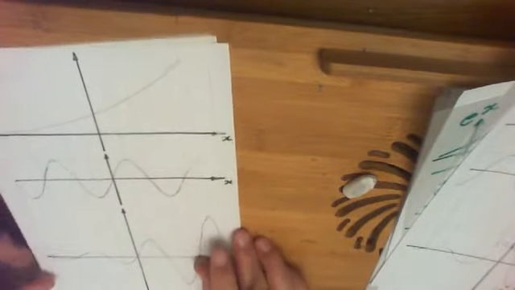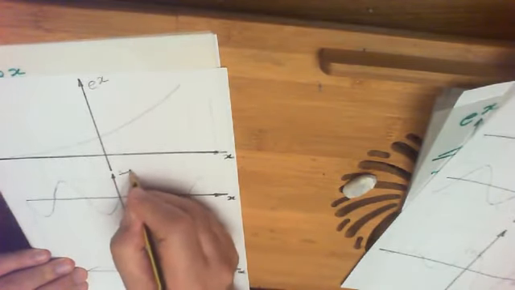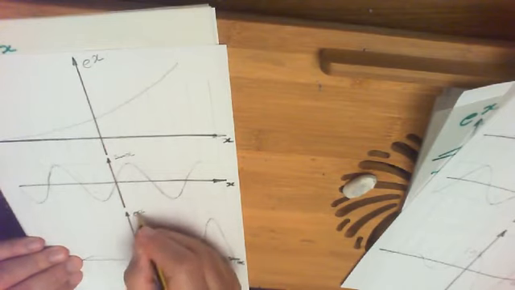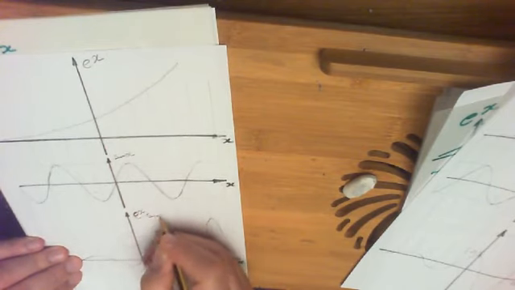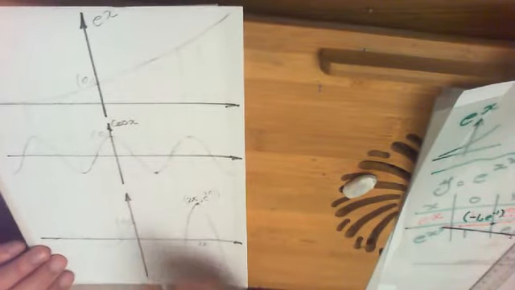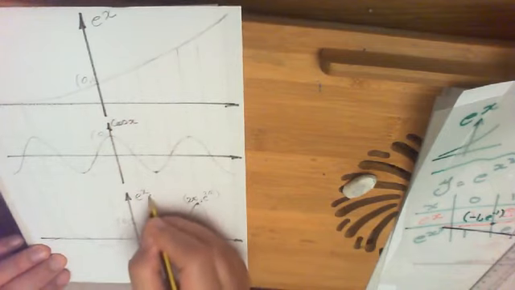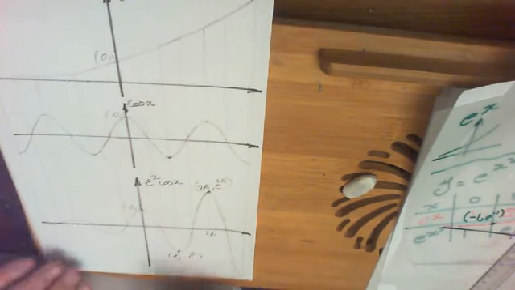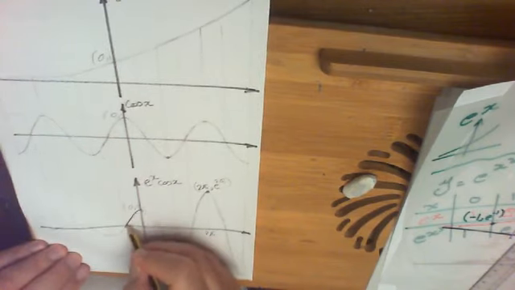Okay? So the curve of e to x, this is e to x, this is sine x, this is e to x times sine x. Okay? While this is e to x times cosine x. This one, okay, would be something like this.